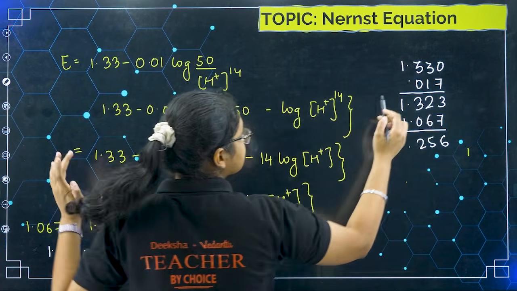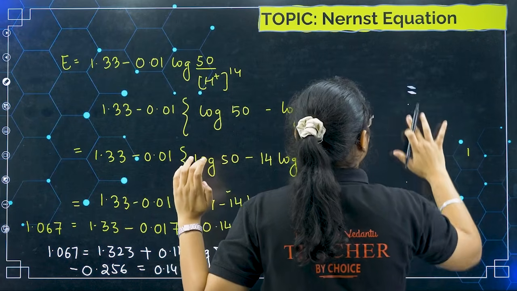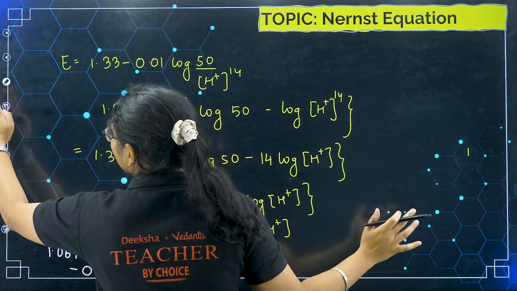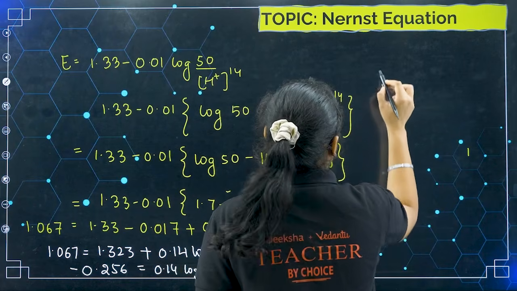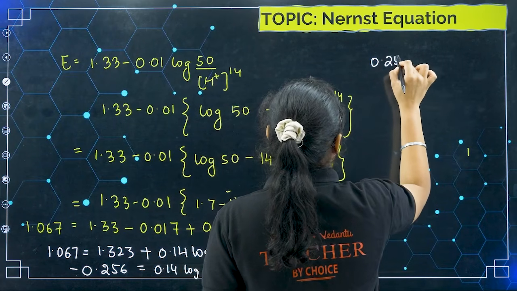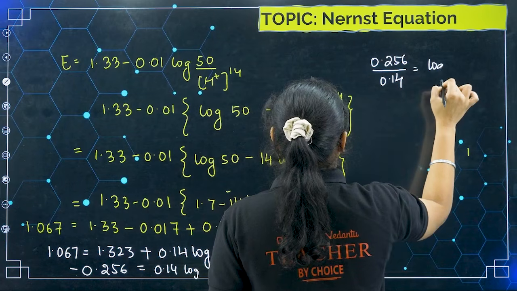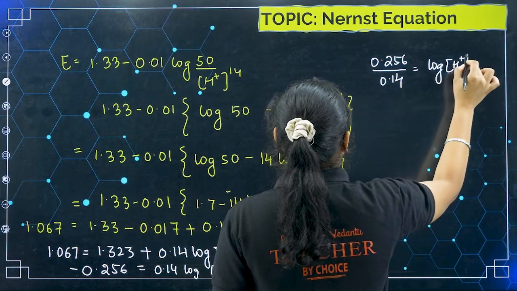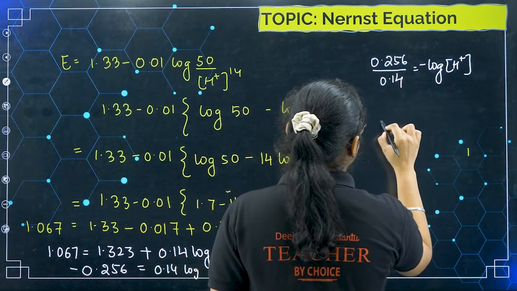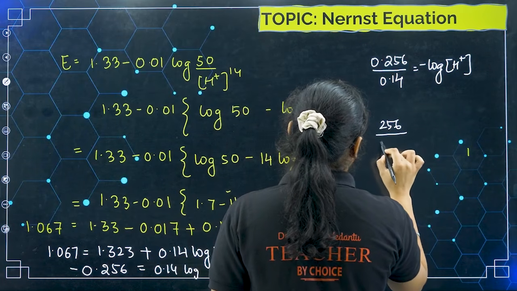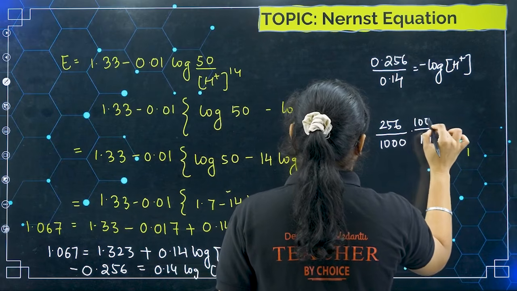Again I want to erase this part. Okay, yeah, just a minute. Okay, so I have 0.256 divided by 0.14 is equal to minus log of H plus, right? So you can see, you can just divide this one, 256 by 1000, we have 14 by 100, right?